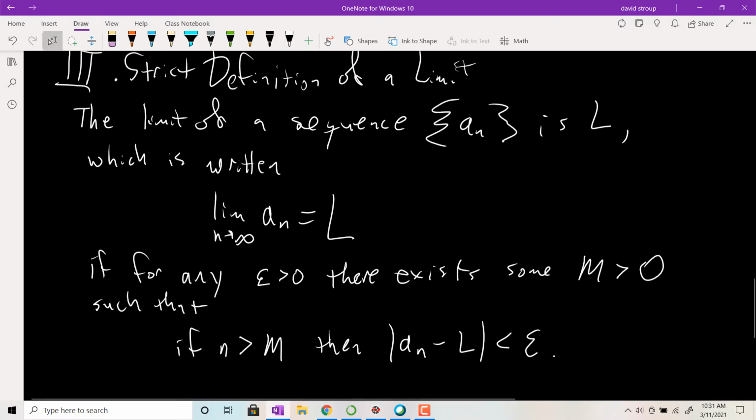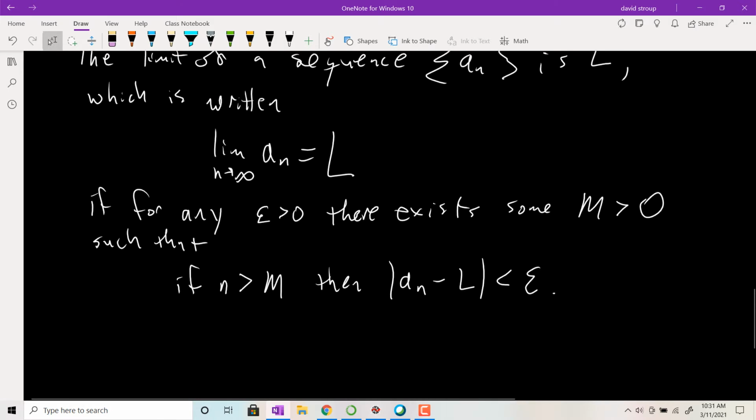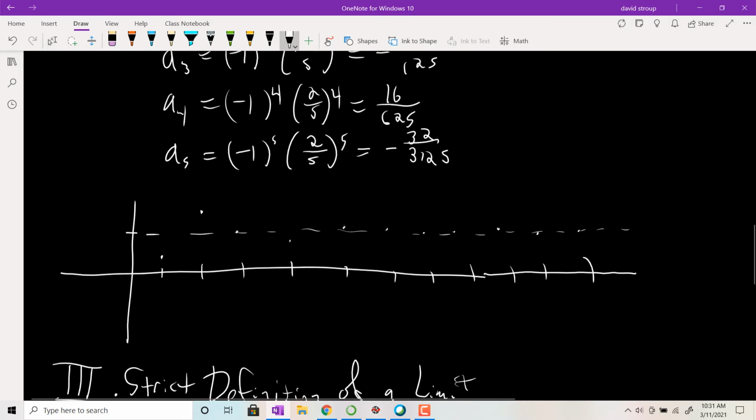Okay. So what that means geometrically is that for any epsilon value you pick around this thing that it looks like it's getting really close to, so maybe L plus epsilon up here, L minus epsilon down here, you can go far enough out in the sequence such that all the terms in the sequence are in any epsilon interval that you can imagine, right?